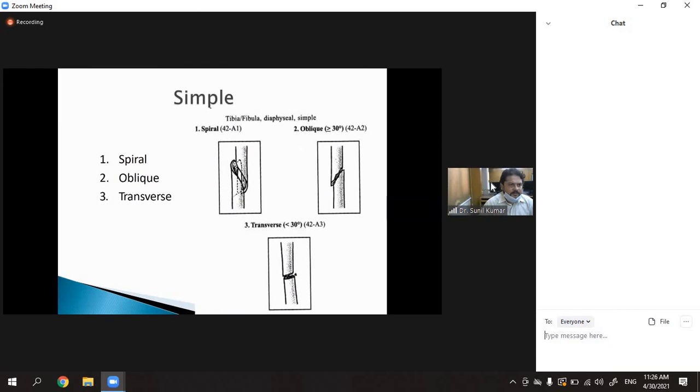In the subgroup, like spiral, the classification will be applied for the AO classification.